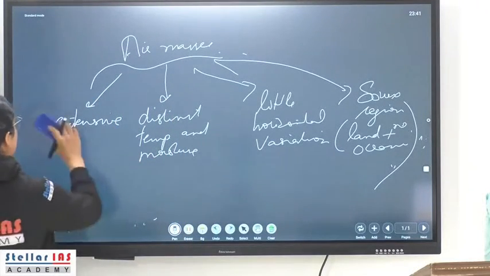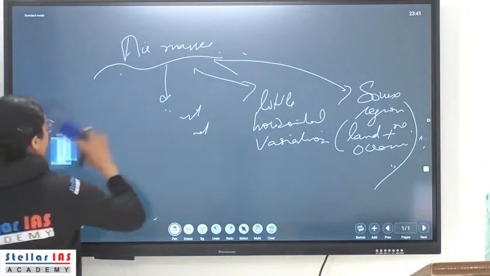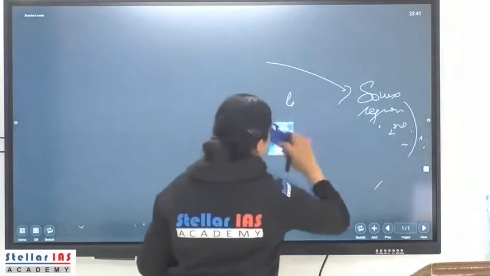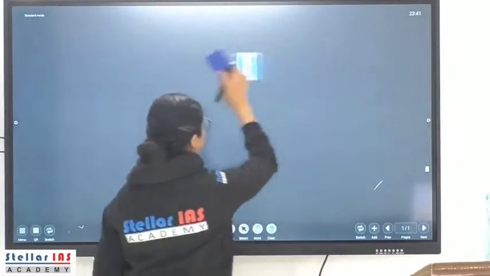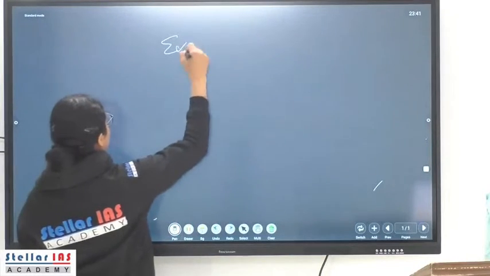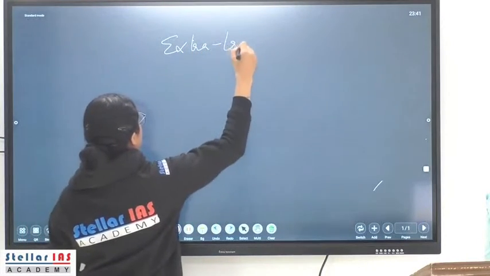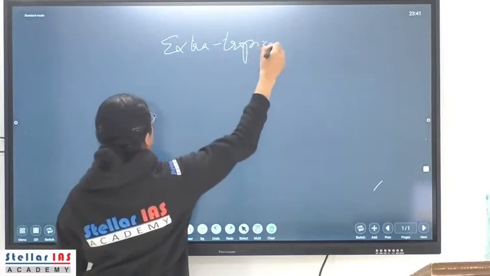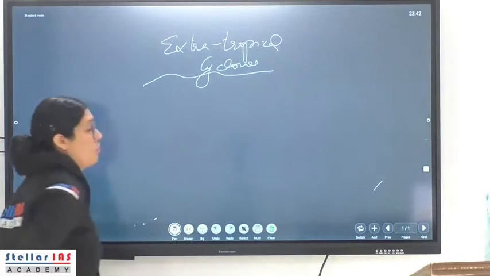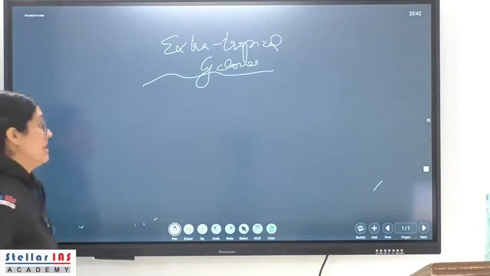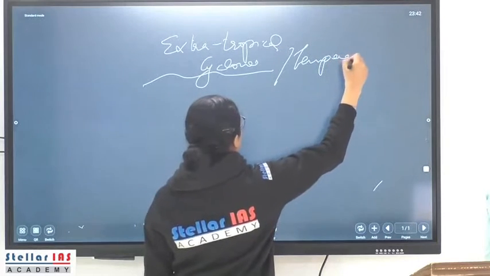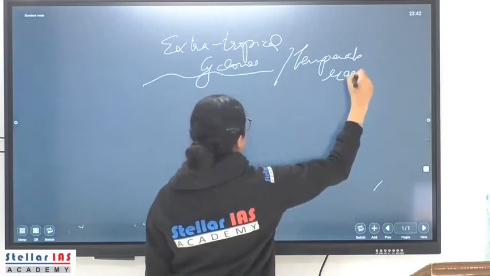So air masses can either be hot air mass or cold air mass depending upon the source region from which it develops, right. So now we come to something that we call as the extratropical cyclones. So we had done the tropical cyclones, now extratropical cyclones, they develop in the mid latitude or the temperate regions.